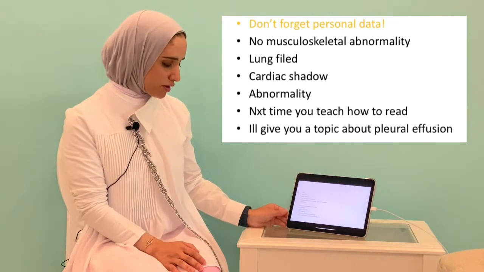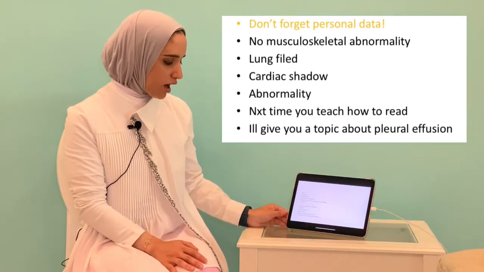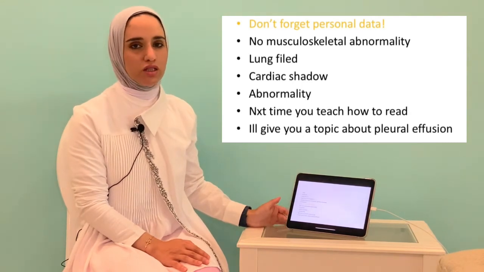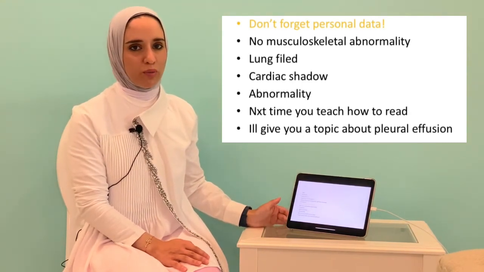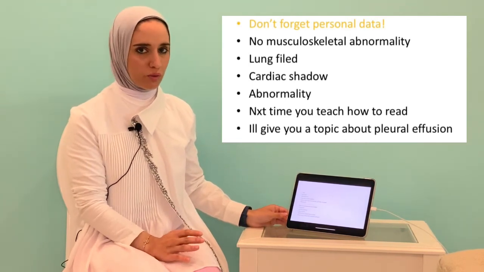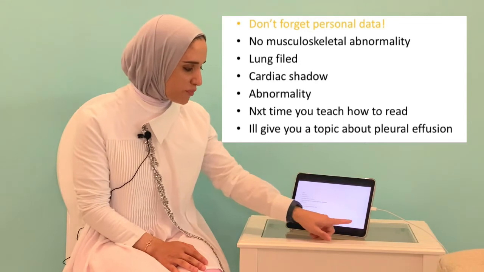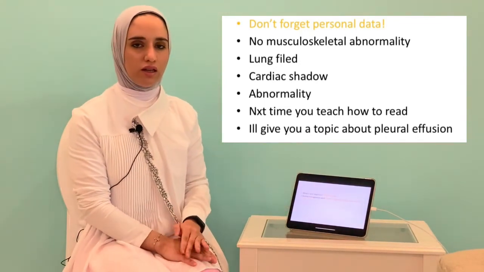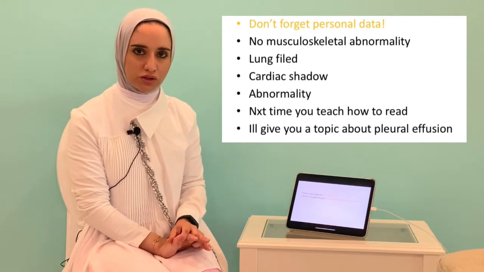In our station, I just wrote an example for you. I'll give you a topic about pleural effusion. You can say, just prepare a slideshow mentioning the causes of pleural effusion, or whatever comes to your mind during the exam. As I mentioned, in all OSCE stations you will usually have post-encounter questions, so make sure you are ready to answer any question that might face you in the exam.